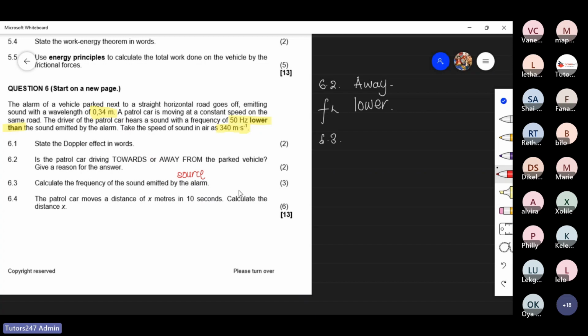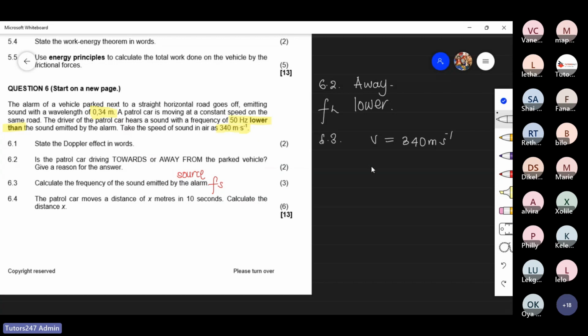Now, what is that? That is Fs. We need to find Fs. So before we can find Fs, let us make a note of the known values that we have. So what do we have? We have the speed of sound in air as 340 meters per second.